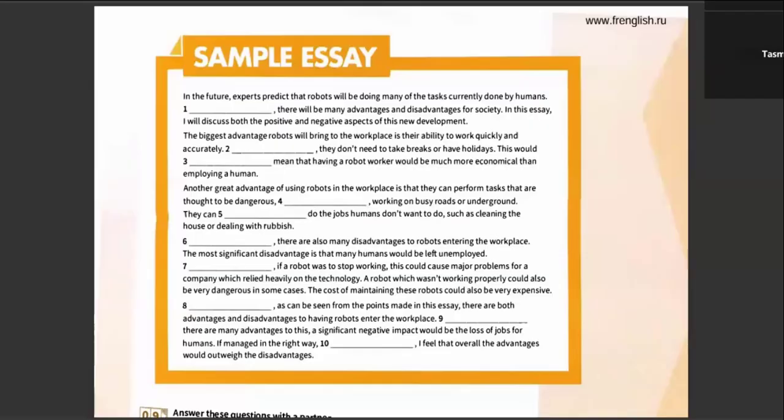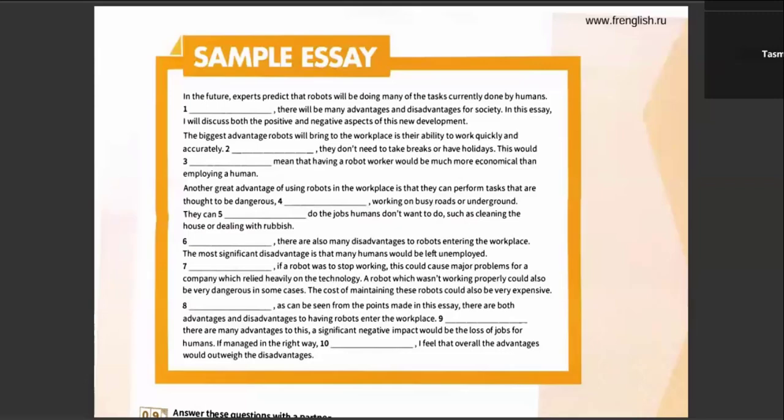Here, when we use consequently, we're talking about both the advantage and disadvantage on the same level. But in the last sentence, we are overpowering advantage over disadvantage, right? So for that, there is a but or a however.